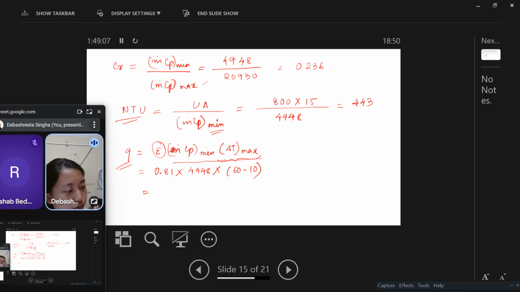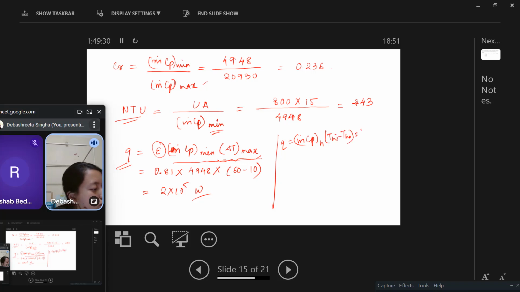So the Q we get is 2 into 10 power 5 watt. Now we got the Q, so it is very easy to calculate TH naught and TC naught. Q is equal to m dot Cp for the hot fluid, THI minus TH naught. This is also equal to m dot Cp for the cold fluid, TC naught minus TCI, right?